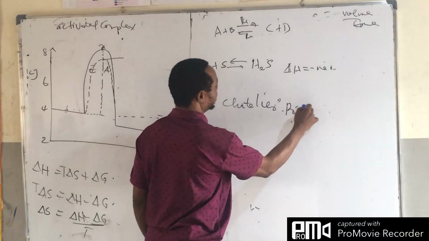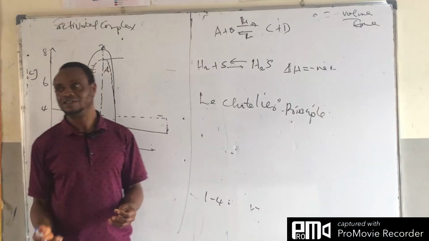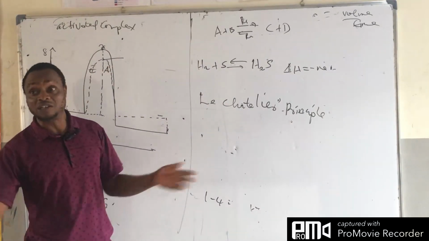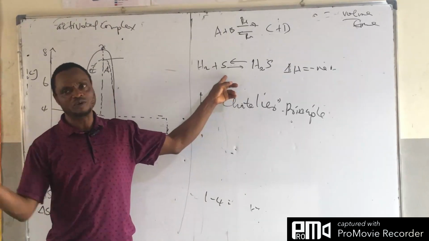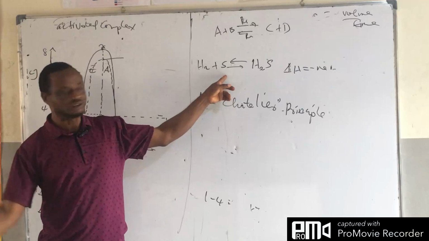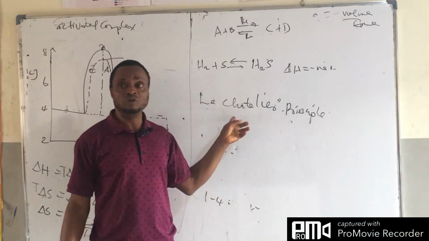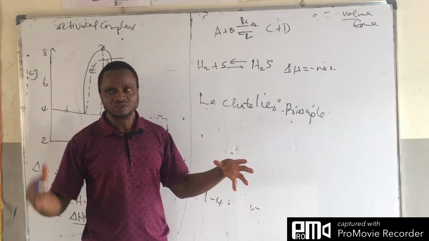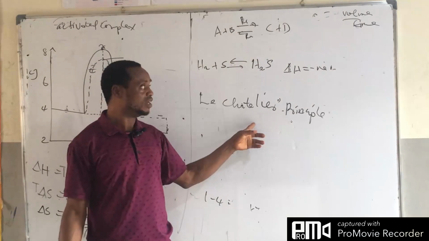Principle states that if an external constraint, an external factor or factors such as change in temperature, pressure, and concentration, is imposed on a system in equilibrium, the equilibrium will shift so as to cancel the effect of the constraint or factor added to it.